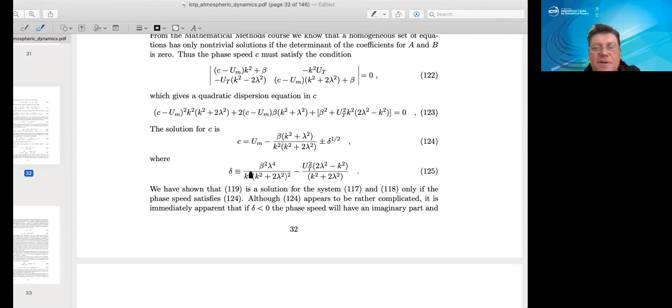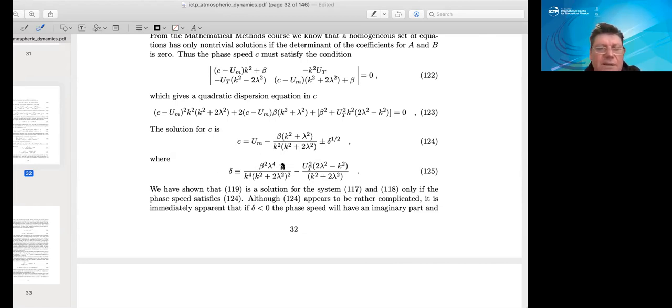And if delta is positive, taking the square root of this will not give us any imaginary part in the phase velocity. So that is an intuitive result. If the thermal wind is zero, if there's no temperature gradient where our waves can gain energy from, then our waves will be stable.